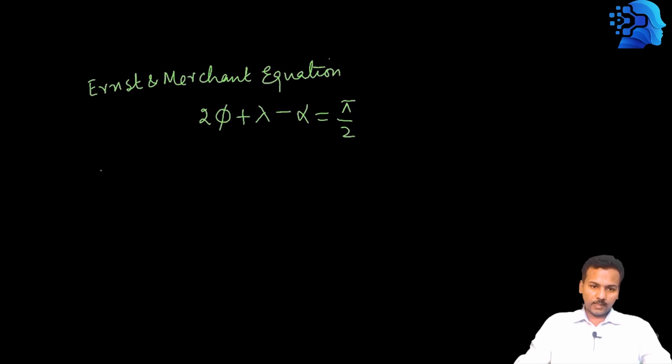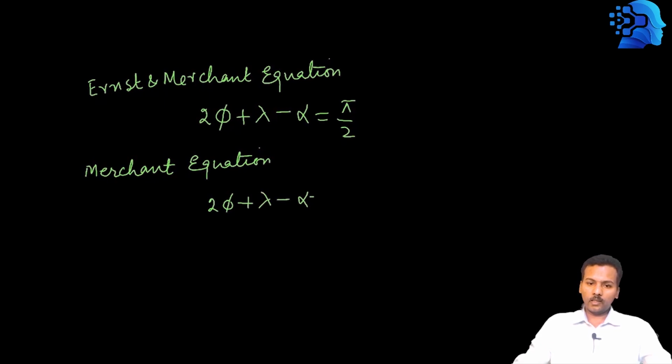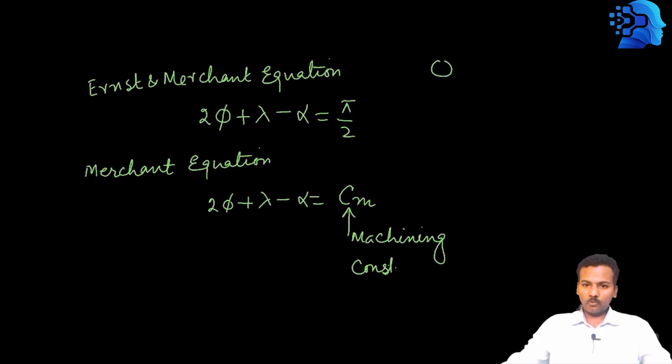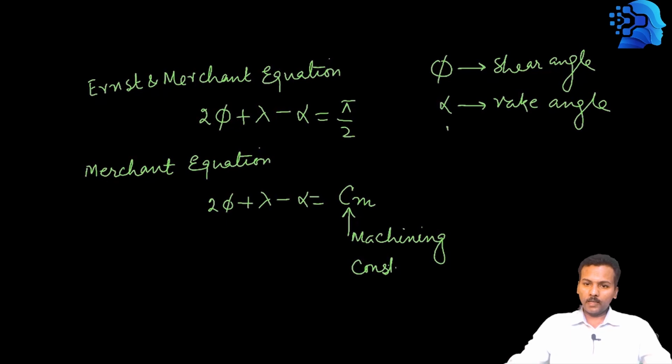And there is a second equation given by Merchant in terms of the machining constant, that is 2 phi plus lambda minus alpha equal to Cm. Cm is the machining constant, and you know that phi is the shear angle, alpha the rake angle, lambda the friction angle.